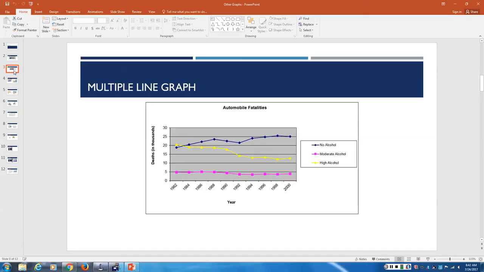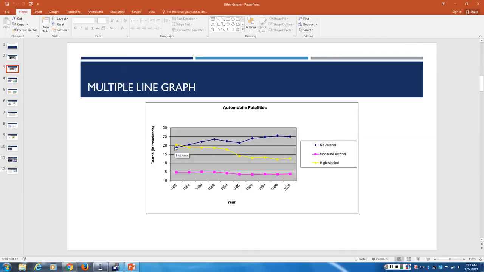But the next highest one, at least at the beginning in 1982, was where there was a lot of alcohol involved. And notice here that over time, the accidents where there was no alcohol involved increased from 1982 to 2000.